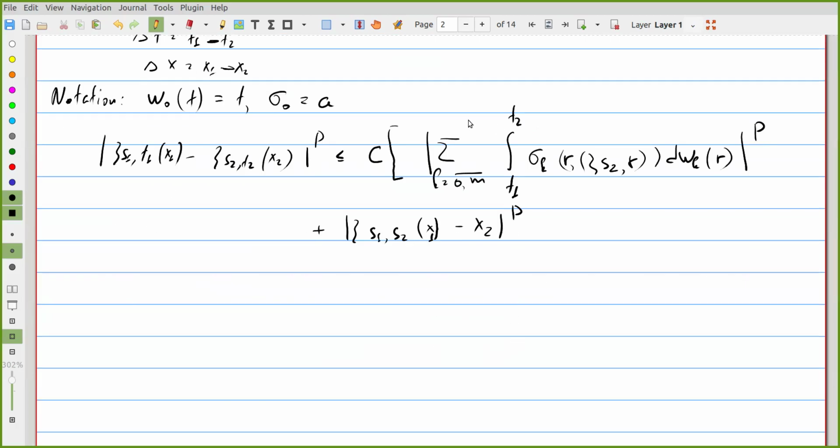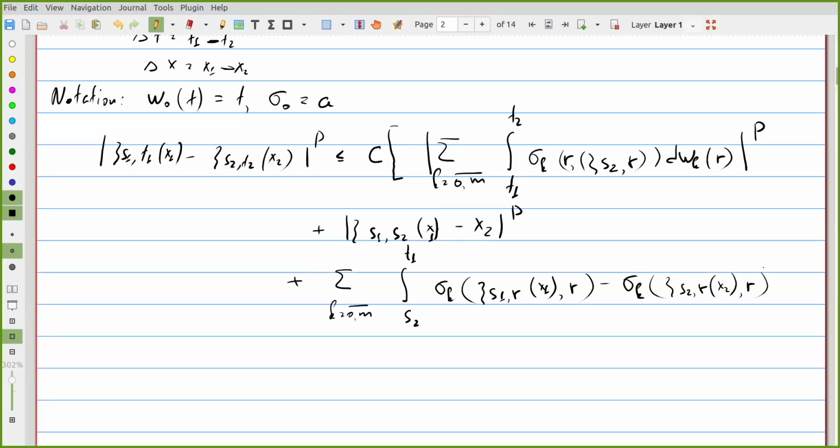And now the middle part, plus the sum over k from 0 to m, from s2 to t1, sigma k, we'll actually write the special argument first, in order for psi s2 r x2 r dwk r again to the power p, closing the bracket.